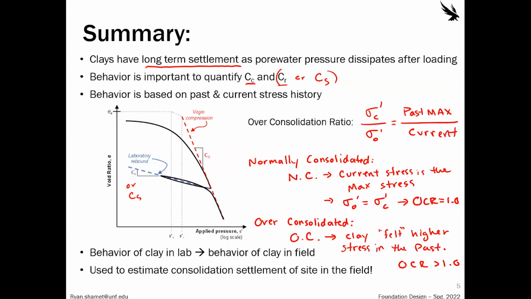So you're getting paid more than you're worth. Same with the clay: if it once carried a higher load than what it is carrying now, then it is over consolidated. So overcompensated, over consolidated, or even overqualified. If you're working a lower end job and you once were a CEO of a company, you're probably overqualified for that current job. That kind of thing.